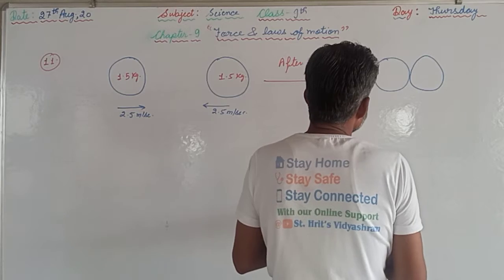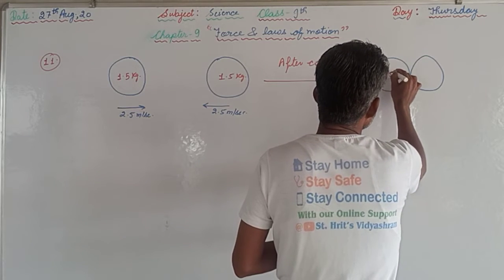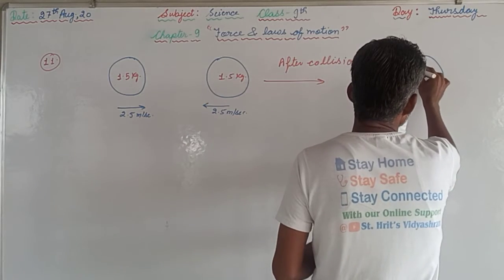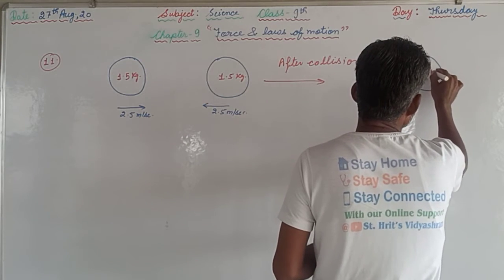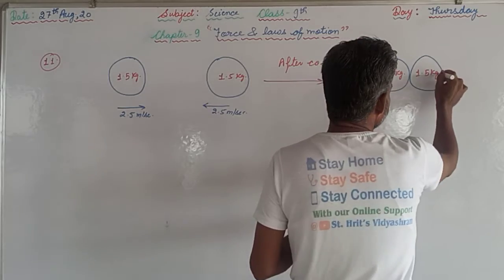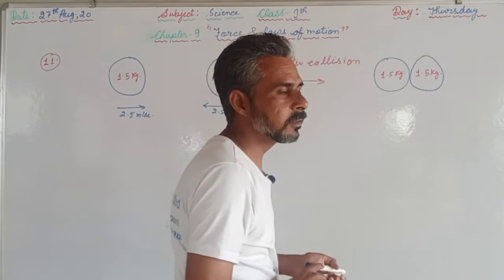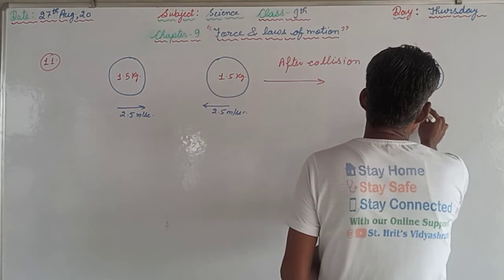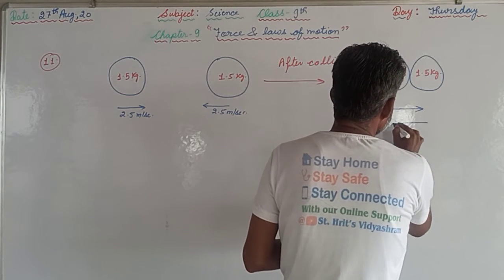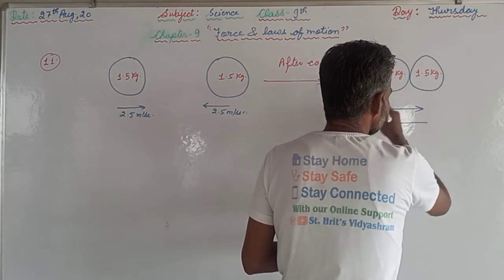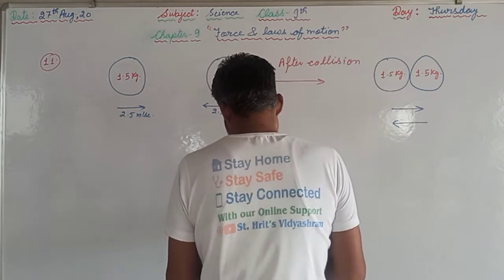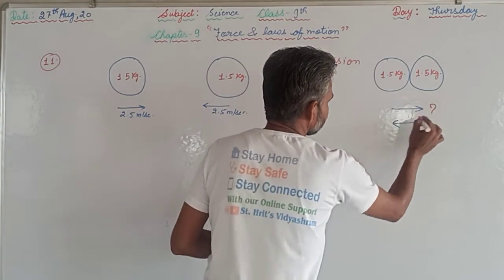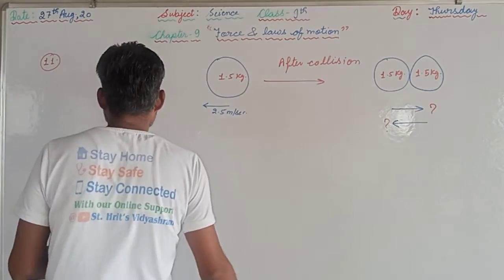So here there is one point, that is the elastic collision, where there is no loss of mass during the collision. After the collision, according to the question, they stuck together, and we are supposed to find what will be the velocity and the direction of the velocity, in which direction they will move.